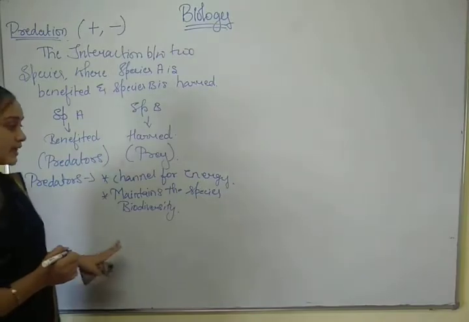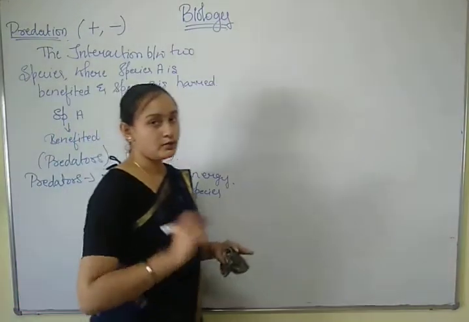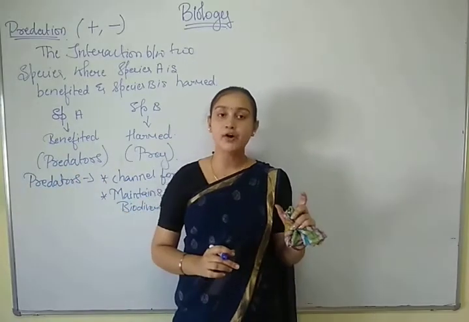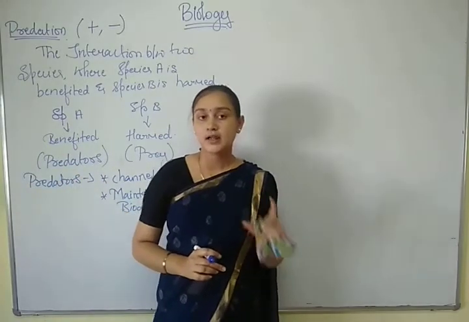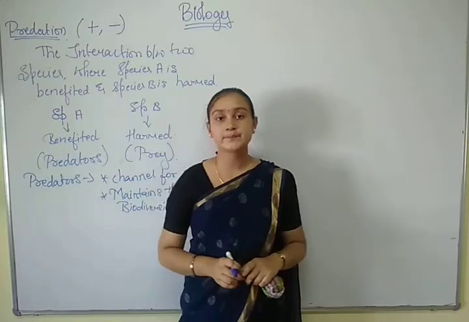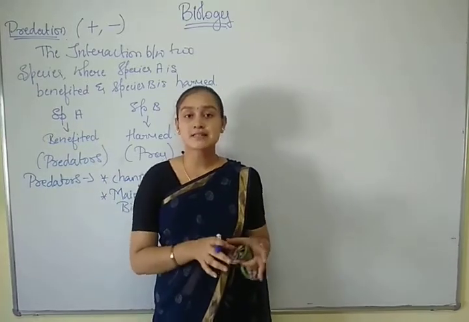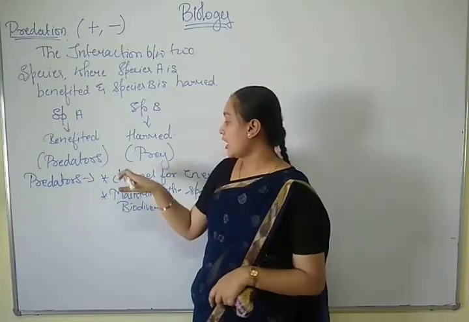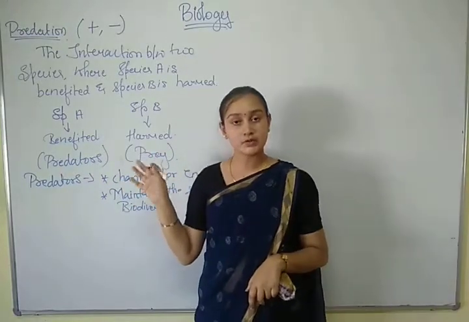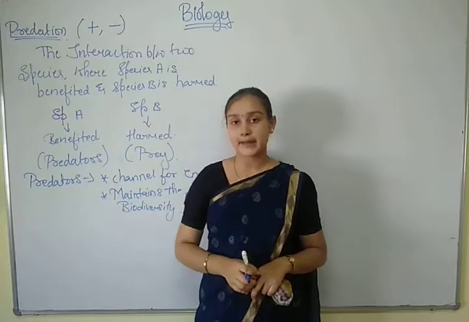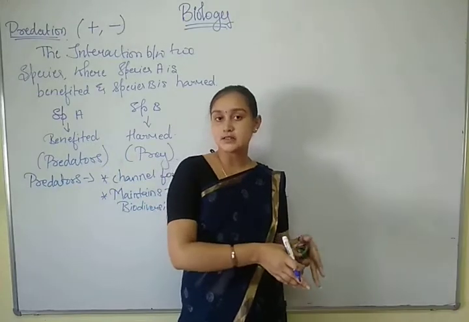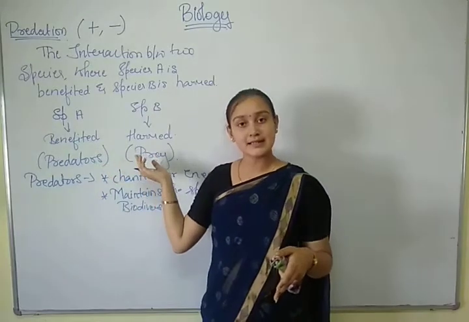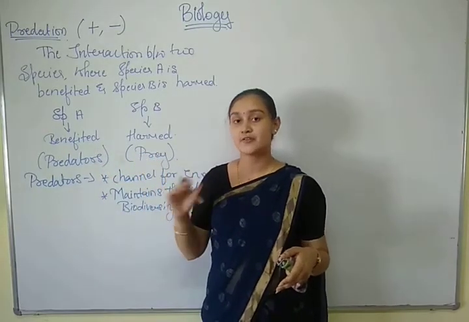To understand this more, let's take an example of the lion and the deer. The lion comes under the predators, and the deer comes under the prey. The lion hunts the deer and has the deer as its food.